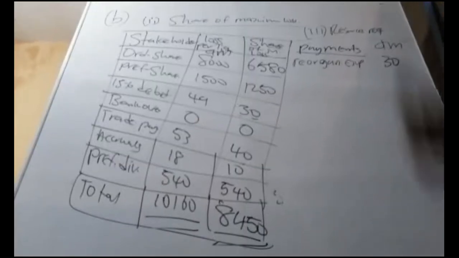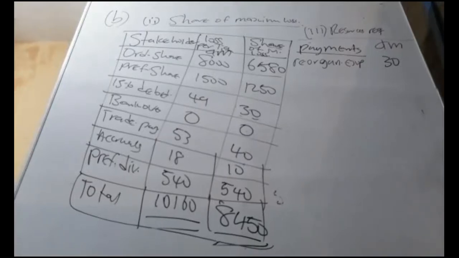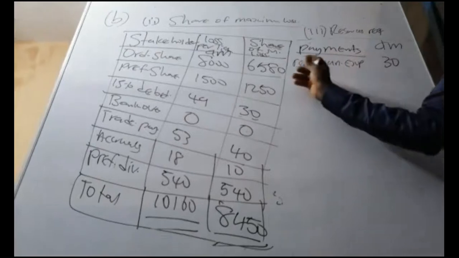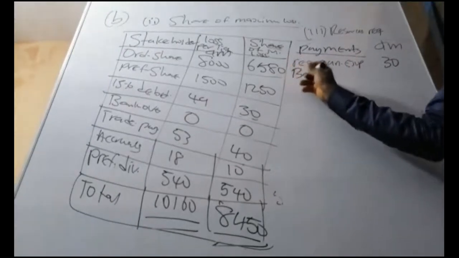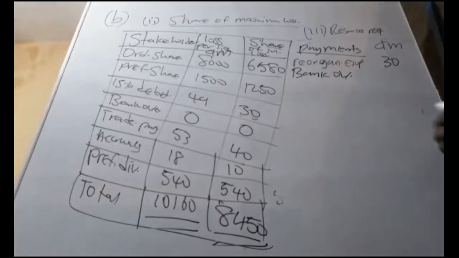Try and leave one. Or sometimes the question will tell you that the bank has requested for their overdraft to be paid. So that one you have to pay right here, the bank overdraft, because they say you have to pay.